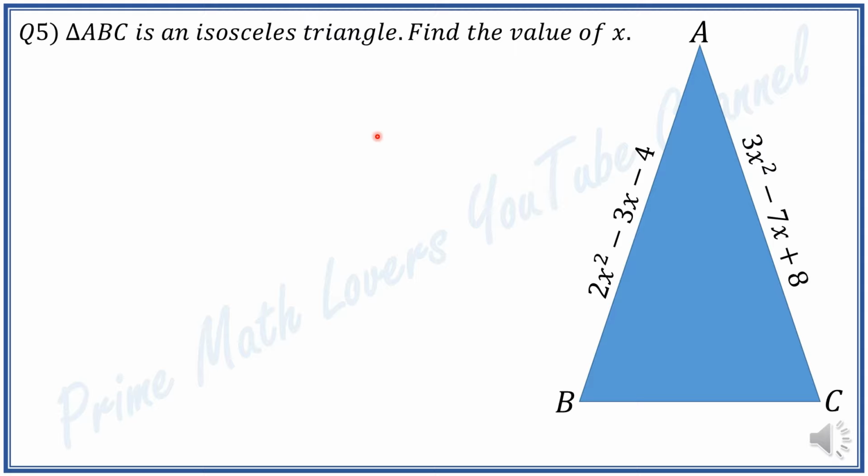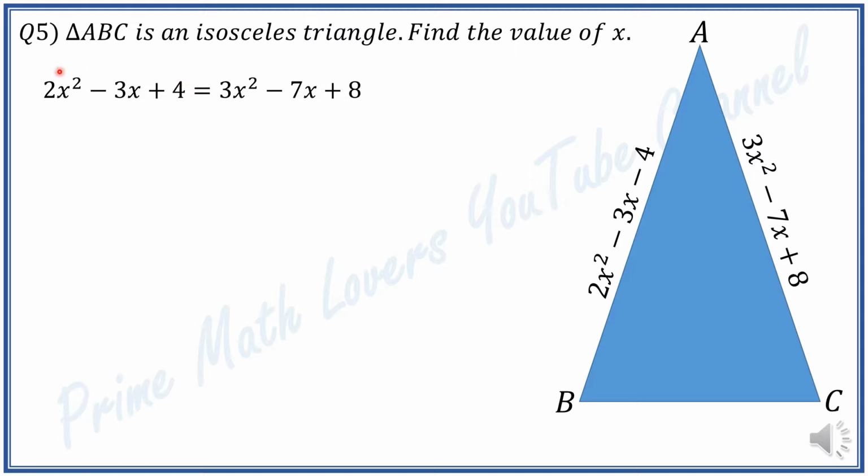Given that the lengths of the legs in this triangle are 2x squared minus 3x plus 4 and 3x squared minus 7x plus 8, we will set them equal to each other, so we'll have 2x squared minus 3x plus 4 is equal to 3x squared minus 7x plus 8.